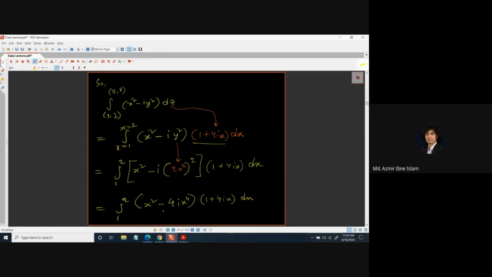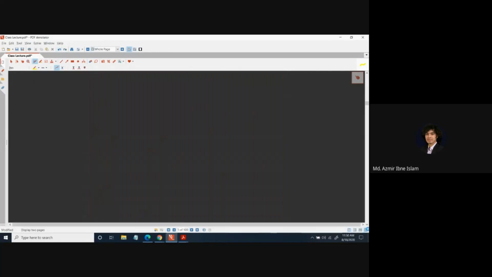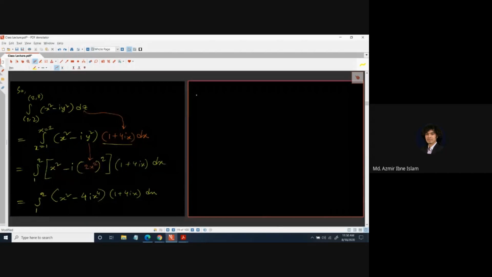So we can't integrate at this moment because we have the product form. What we can do is multiply at first. At this moment the calculator will not give us the solution, so at first we have to simplify manually.